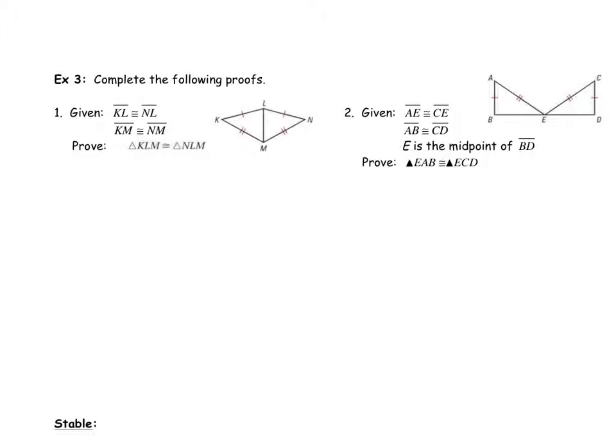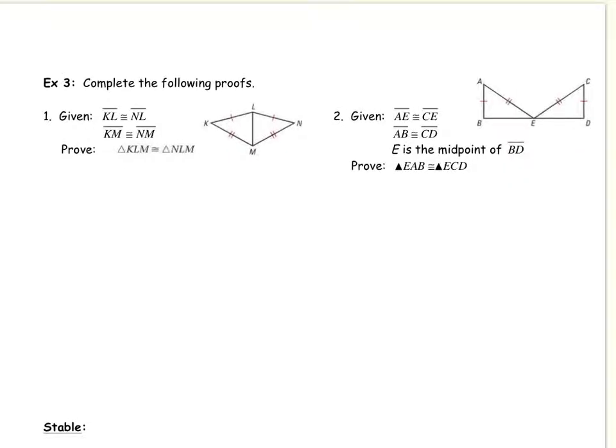Okay, and on to the back page, we have some proofs that we're going to try to fill out. We have KL, we know we start with our given, is congruent to NL, and that is a given. Number 2, I'm going to mark that. Actually, it is marked already. KL is congruent to LN with 1 tick mark.